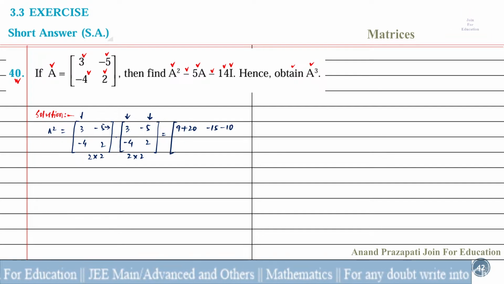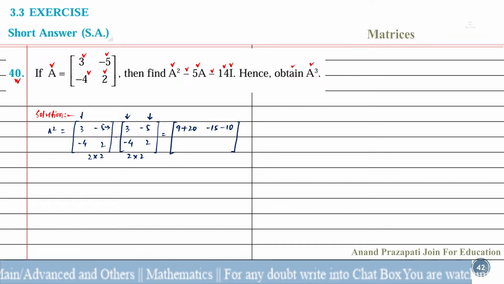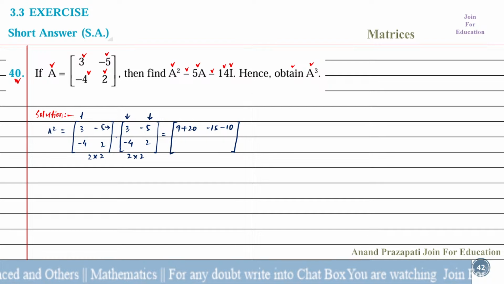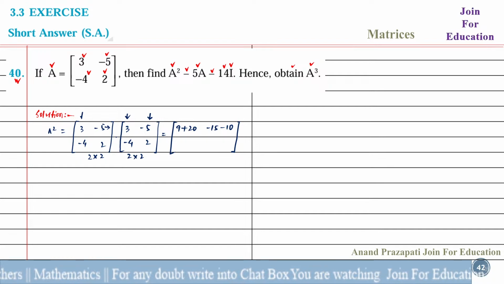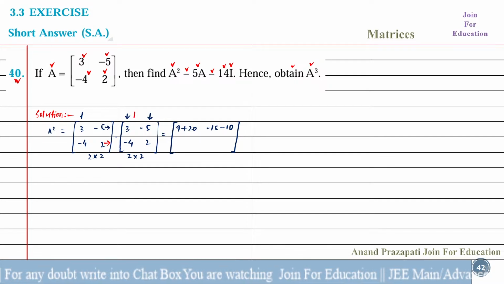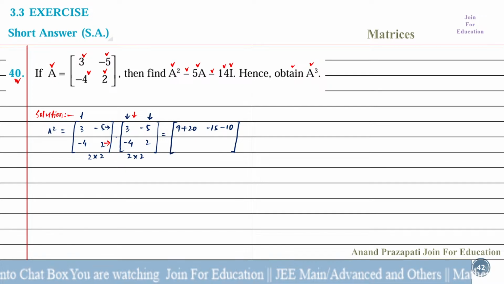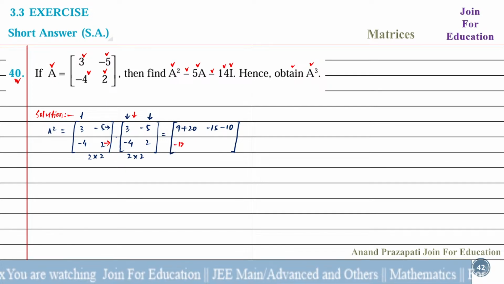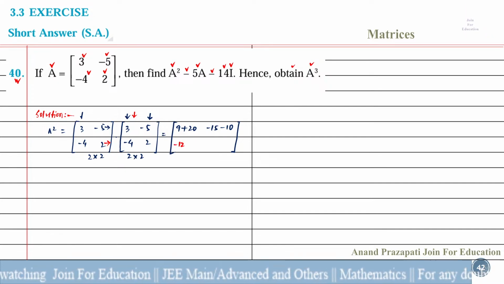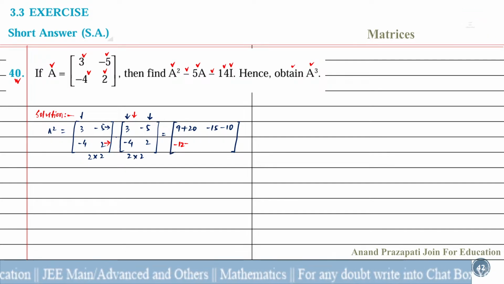Observe, there is no problem understanding up to this step. Second row along the first column: minus 4 into 3 equals minus 12 and 2 into minus 4 equals minus 8.